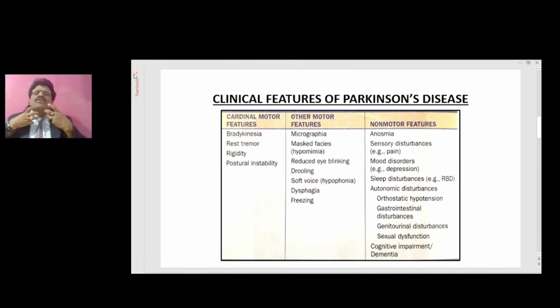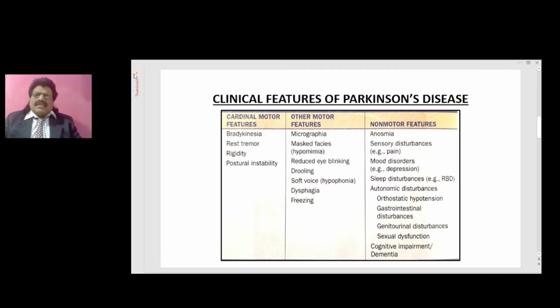Since it affects all the muscles of swallowing, they have difficulty in swallowing. Since they have difficulty in swallowing, there is drooling of saliva. The saliva keeps drooling. They have a soft voice, hypophonia. Freezing: what is freezing? They are not able to move.